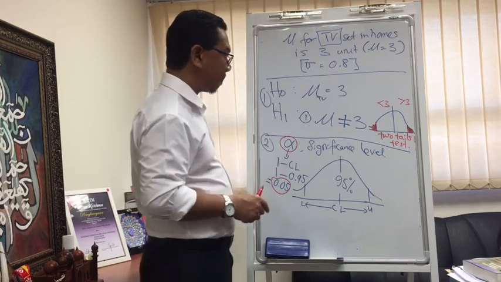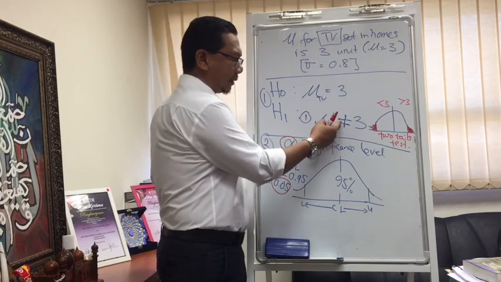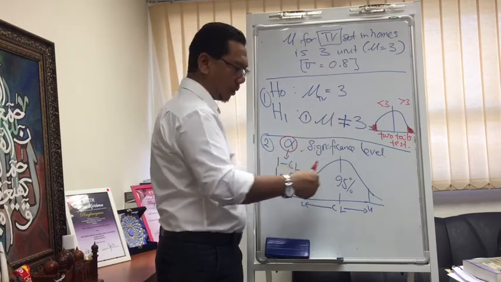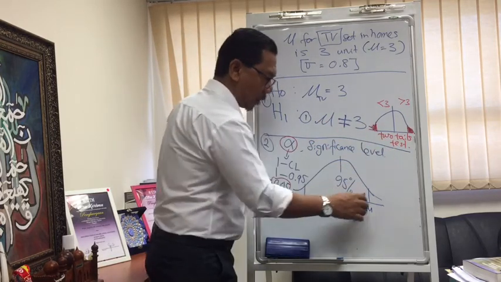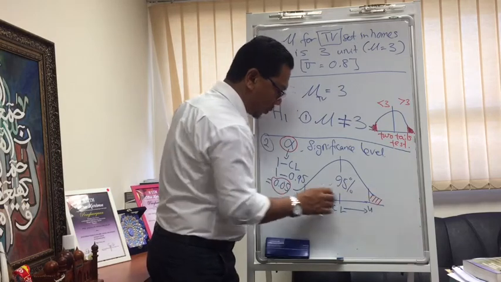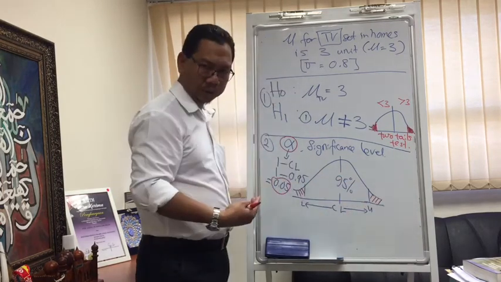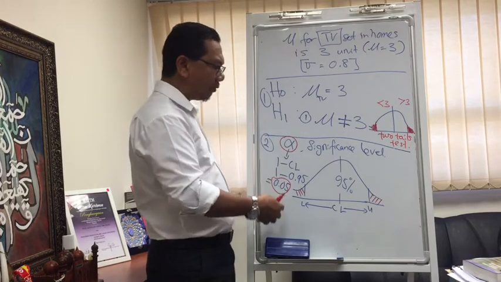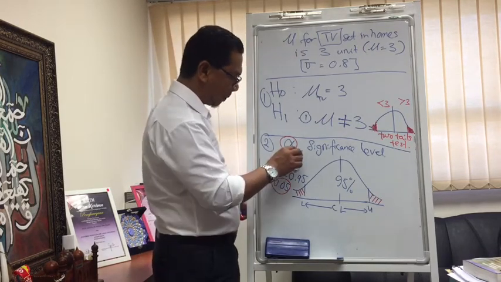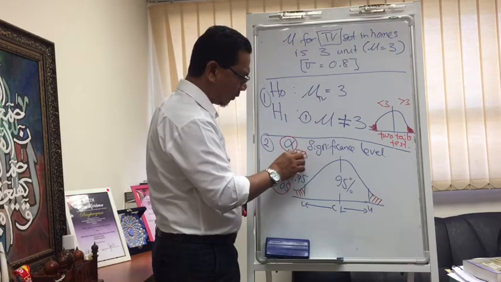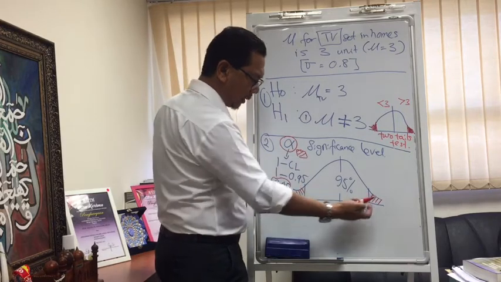Remember that since the sign here is not equal to, we will have 2 areas, on the right and also on the left. This is the alpha, this side and this side.